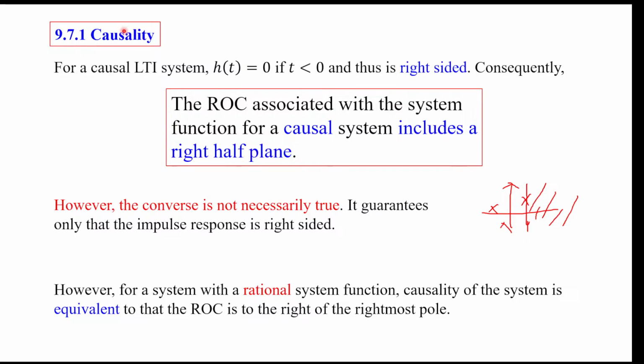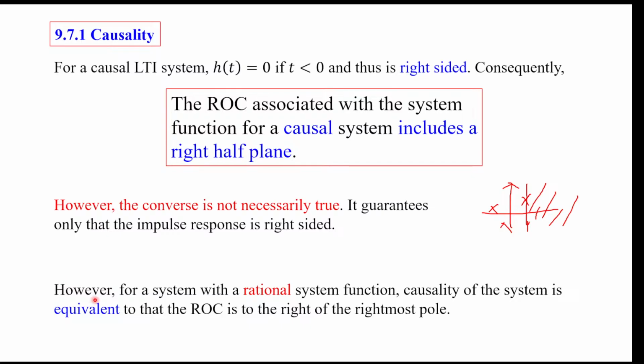Your ROC being right-sided only means that your impulse response is right-sided. That's what our ROC property tells us. So ROC right-sided means your impulse response is also right-sided, but that doesn't mean your impulse response is causal. It might not start at 0, as we will soon see from an example.